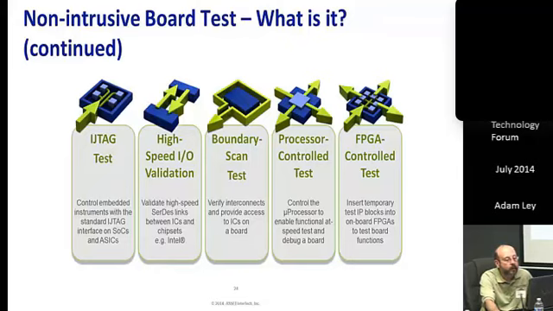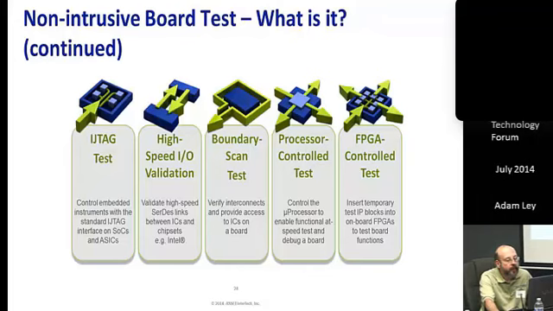Similarly, with processor control test, what we're talking about is running software that's not implemented at the system level, but software that's implemented at a bottoms-up level, specifically for the test purpose, that doesn't just operate functions of the board, but is specifically targeted at achieving very specific test objectives.